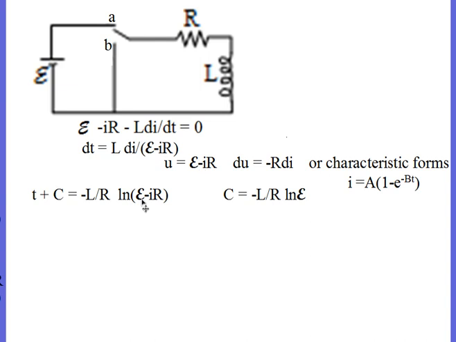So there you are. And then I need to consider that at time 0, the current flowing is going to be 0. This is a useful idea to hold on to, that the back inductance is going to be maximal when you go from nothing to something.